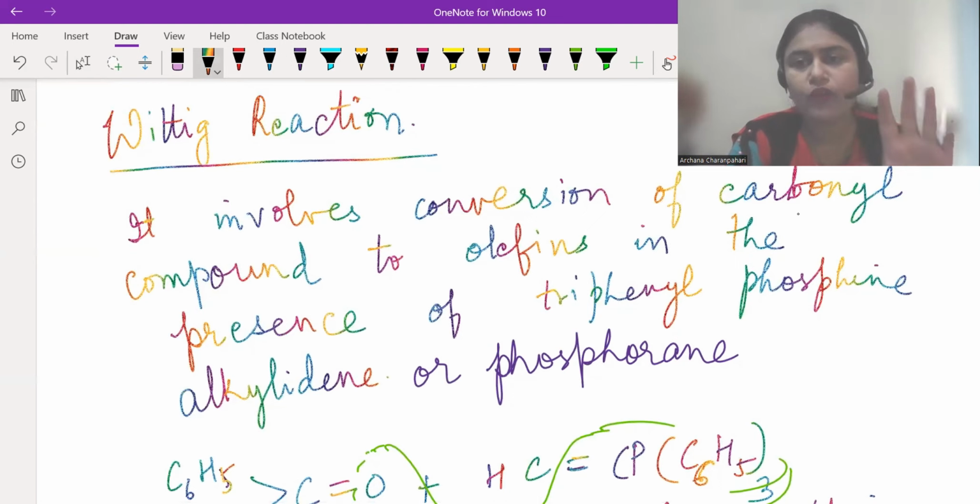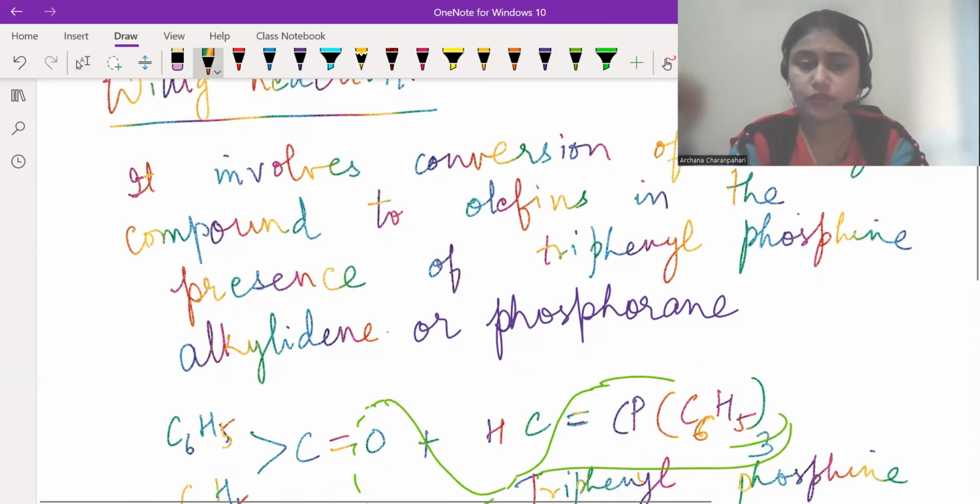The Wittig reaction is the conversion of a carbonyl functionality to olefins, hence it is a very important reaction.